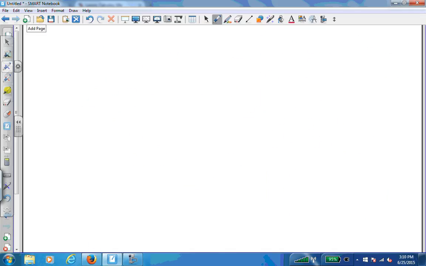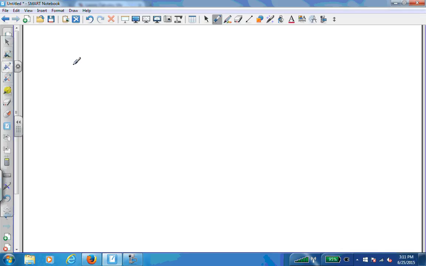So let's look at a couple examples and see whether these are subspaces or not subspaces. They give some examples in the book. We'll do one of them.